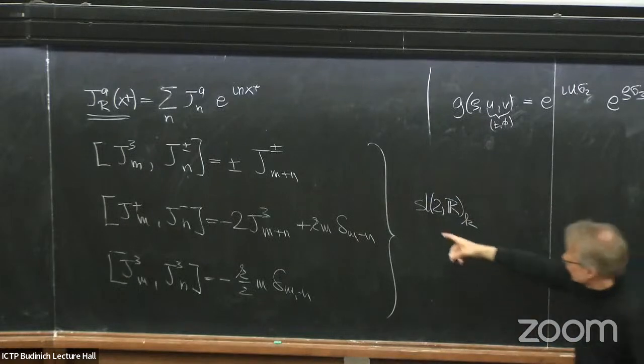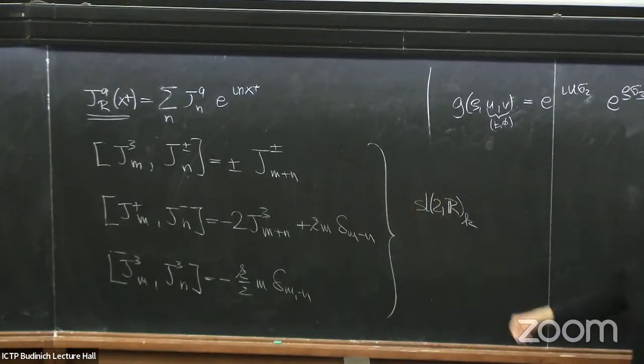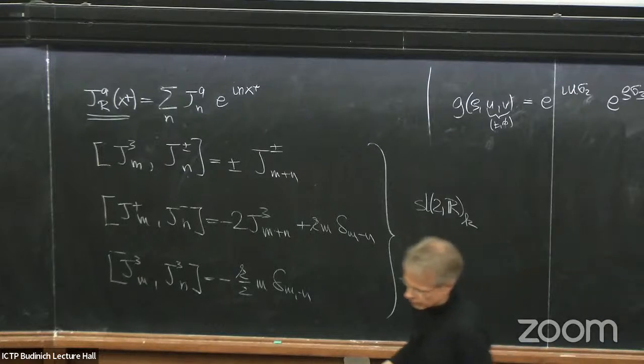So you get a right-moving SL2R level K affine Kac-Moody algebra and a left-moving one, and they don't talk to each other. The Poisson brackets of the left movers and the right movers is 0. So there are 2 commuting copies of an SL2R affine Kac-Moody algebra.